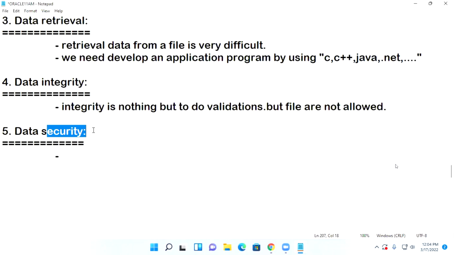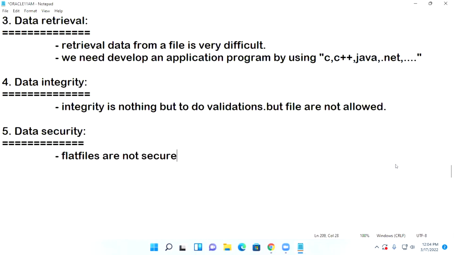No, especially flat files, I'm telling you. Flat files do not give any security for the information you stored. Anybody can come, open and see the data. So we say files are not secured. Which files? Flat files are not secured.